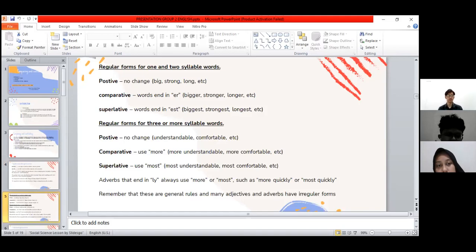Positive, no change: understandable, comfortable, etc. Comparative uses more: more understandable, more comfortable, and so on. And superlative uses most: most understandable, most comfortable, and so on. Adverbs that end in ly always use more or most, such as more quickly or most quickly. Remember that these are general rules and many adjectives and adverbs have irregular forms.